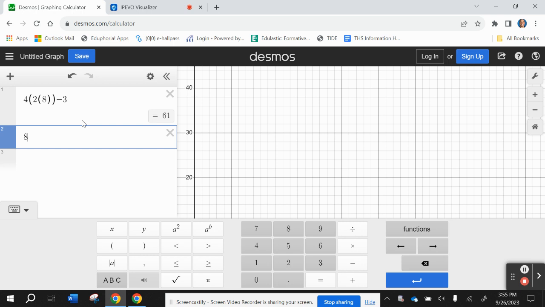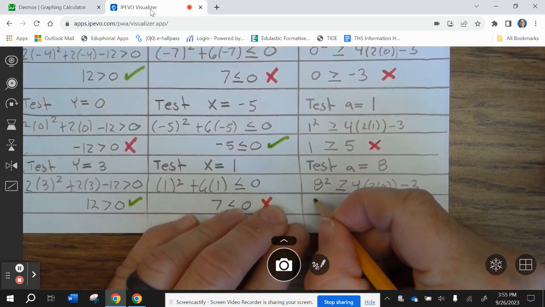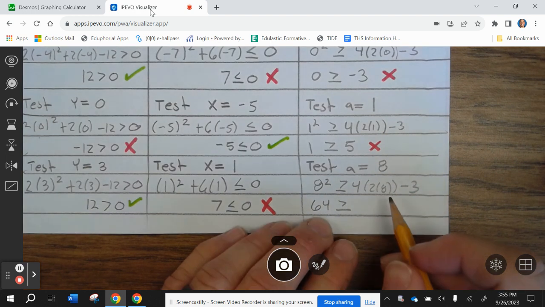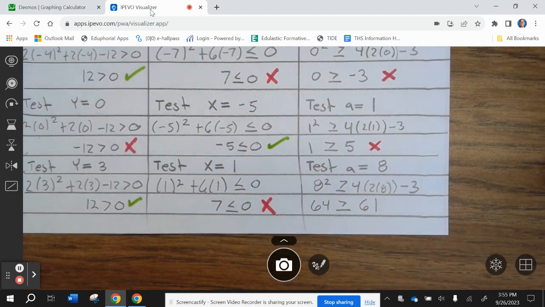We have to do the 8 squared part. 64. So 8 squared greater than or equal to 4 times 2 times 8 minus 3. So 64 is greater than or equal to 61. So this is a check.